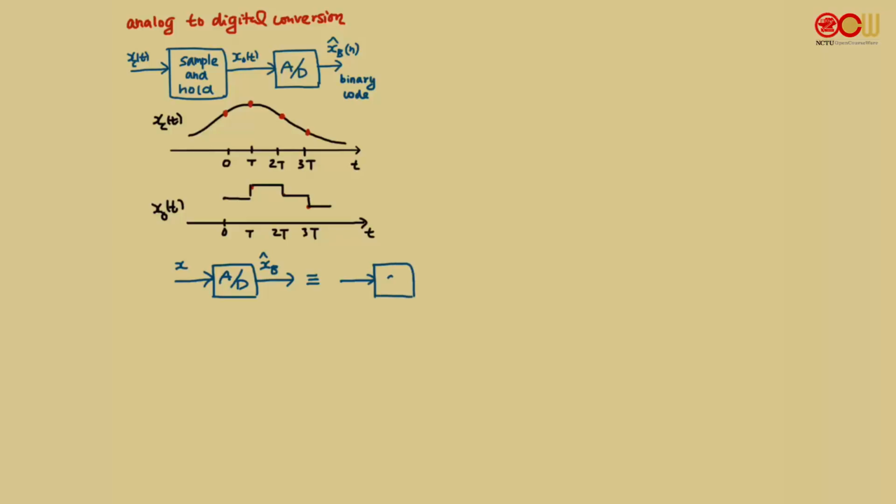First, it's a quantizer Q. That's what we call a quantizer. And the second part is a coder.